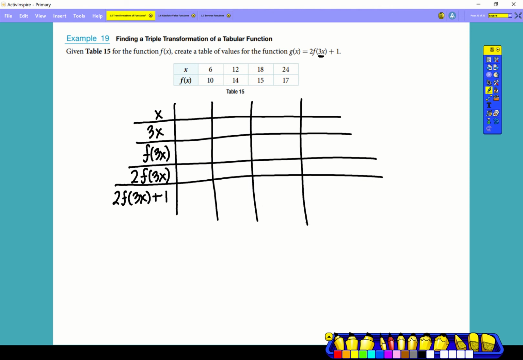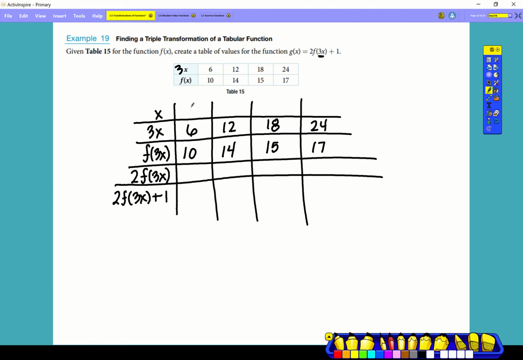Okay, so this becomes 3x. This is just like we did previously for the x's. And your f of 3x, of course, stays the same. So 3 times our x got us 6, which means our x divided by 3 will give us the original x.